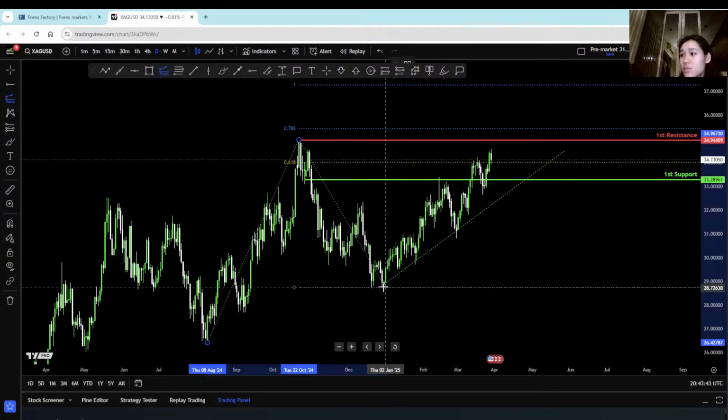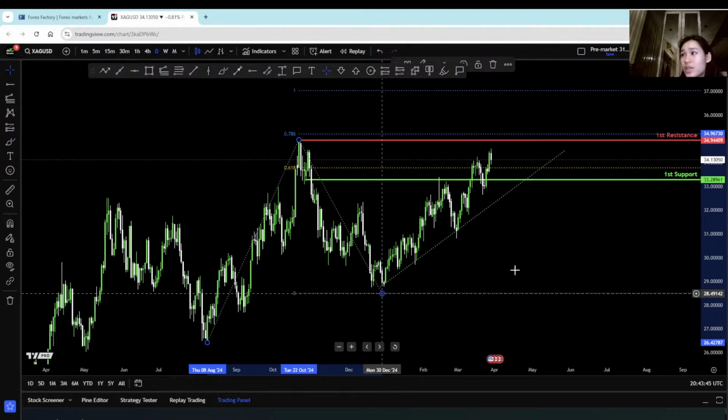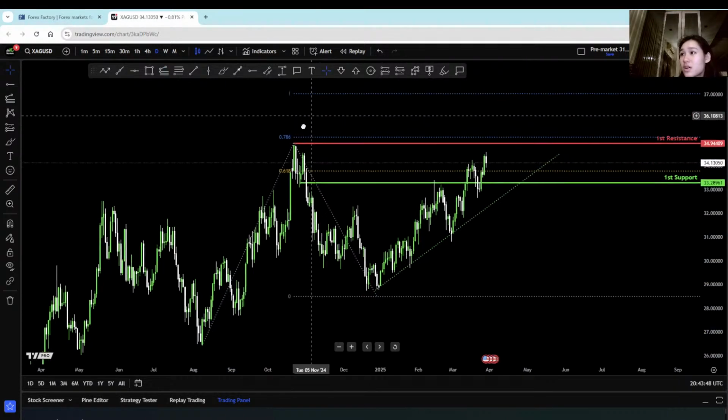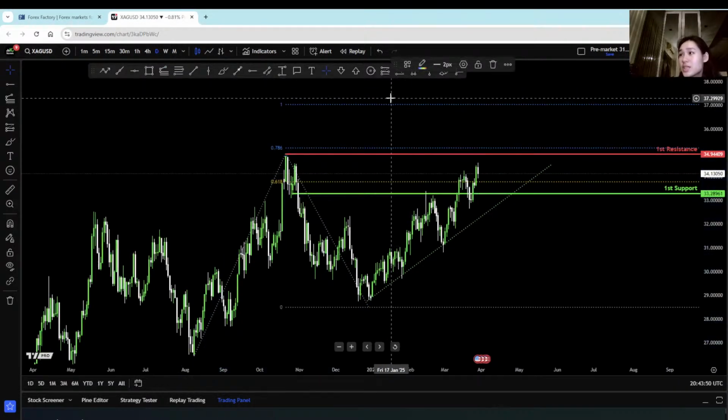Okay, so I'm pulling out my Fibonacci levels for the other resistance. I'm gonna keep this 78.